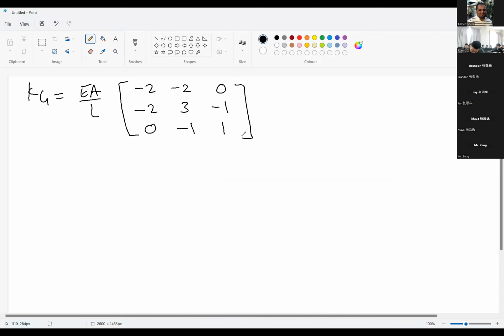Okay, this is called the global stiffness matrix.